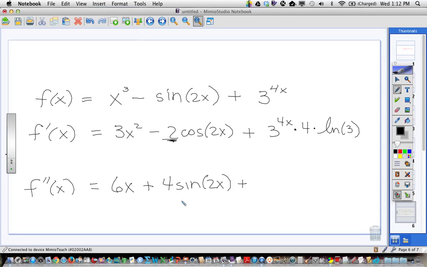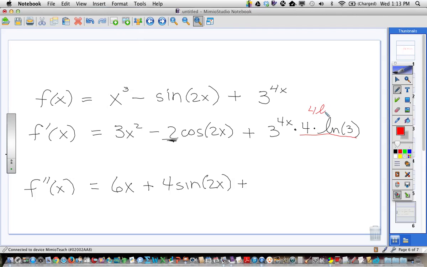Okay. Now let's talk about this. This right here is just a number, right? And we always said if you have a number in front of a function, it just sits there. Well, this number's not in front, it's behind, but it's the same thing, right? We can move it around in front if that makes more sense.